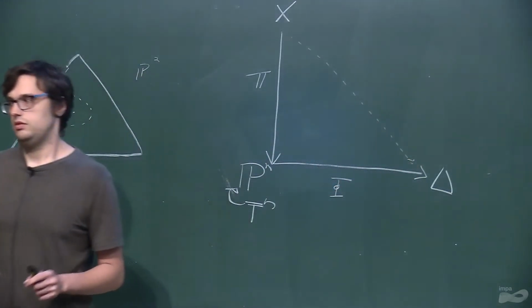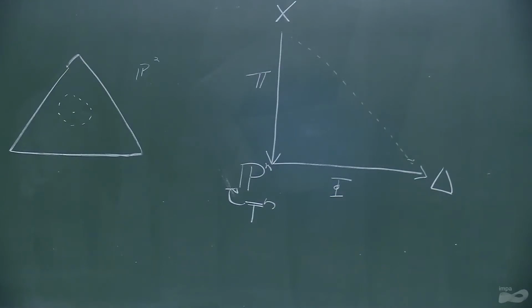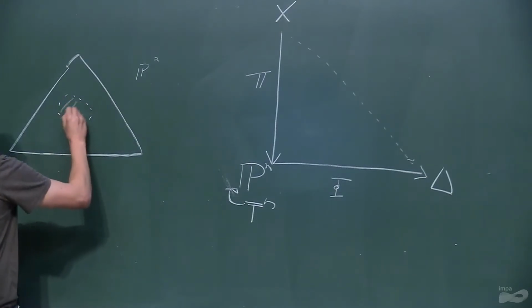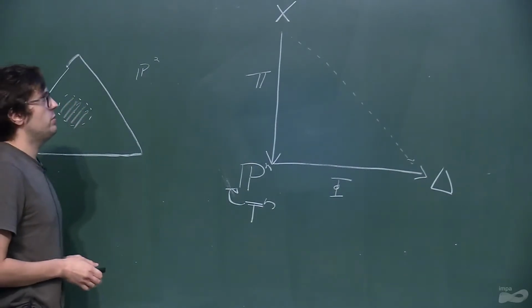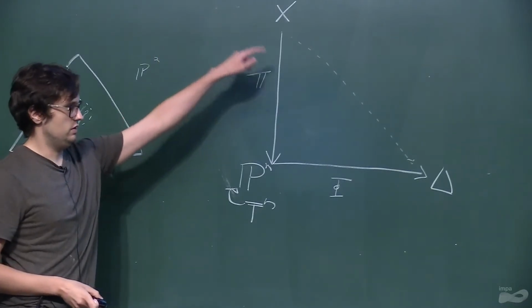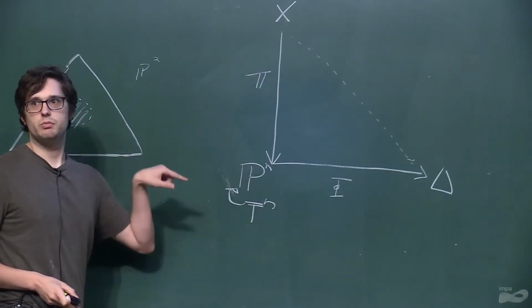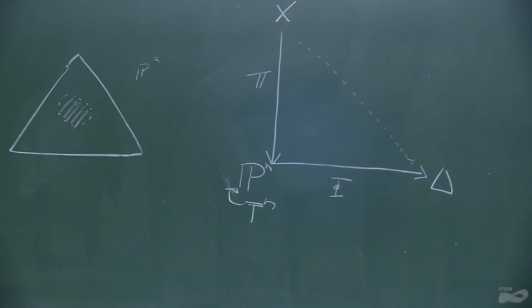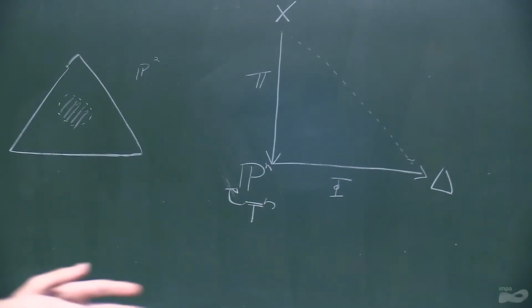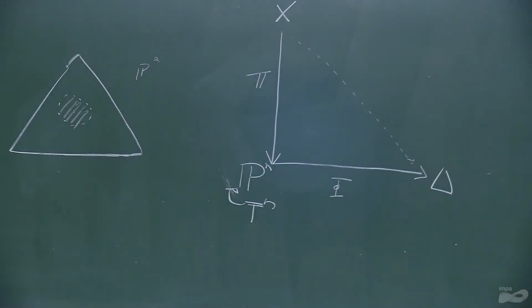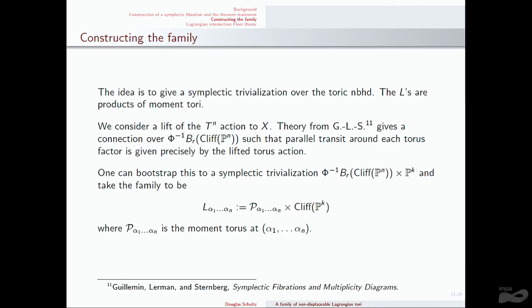But you can adjust the connection in this small neighborhood here, so that the moment map for the Tn action on the total space is the projection followed by the moment map for the base. So it allows you to trivialize the symplectic fiber bundle over each of the moment tori in the base. And then you can bootstrap this to a trivialization over a neighborhood of tori.